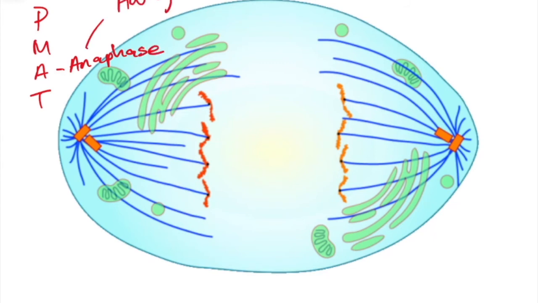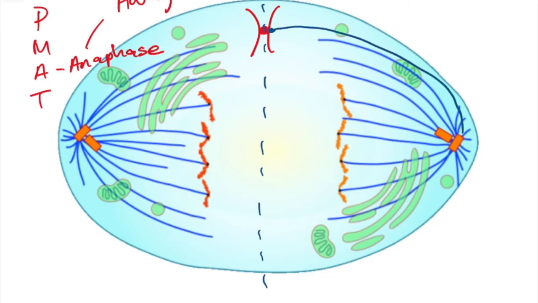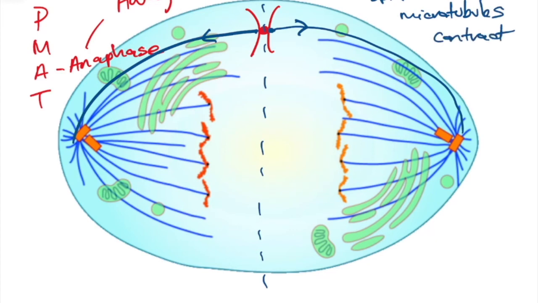So what we see here is that each double-stranded chromosome that is lined up along the cell equator and had attached to a spindle microtubule at both sides of the centromere, these spindle microtubules now contract, and that gives a pulling force.